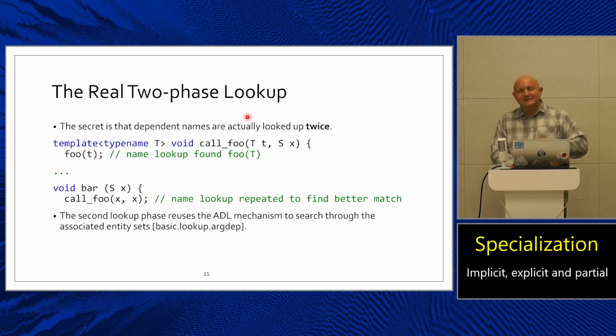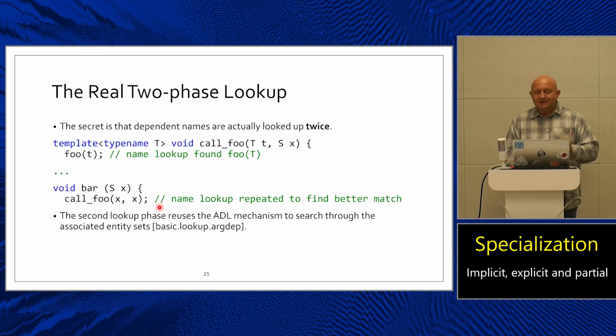So, what does two-phase name lookup really mean? Because in reality, it's not exactly what we teach to beginners. The real secret is that dependent names are actually looked up twice. The first lookup of foo of t happens during the first phase, where it finds our primary template foo of T. But then, during the second phase, at instantiation time, the name lookup for this dependent name is repeated.